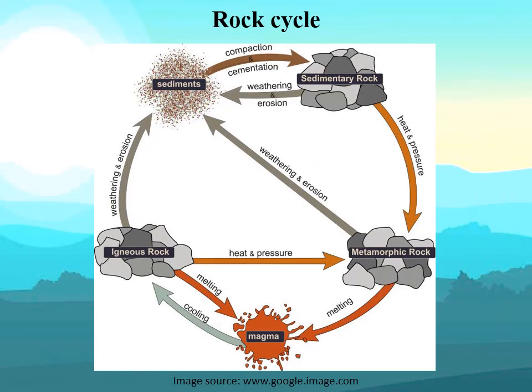Similarly, we are all aware of the cyclical process of rocks. James Hutton proposed this mutual inter-relationship of different kinds of rocks, which are changing in type and form due to different surface and subsurface processes.